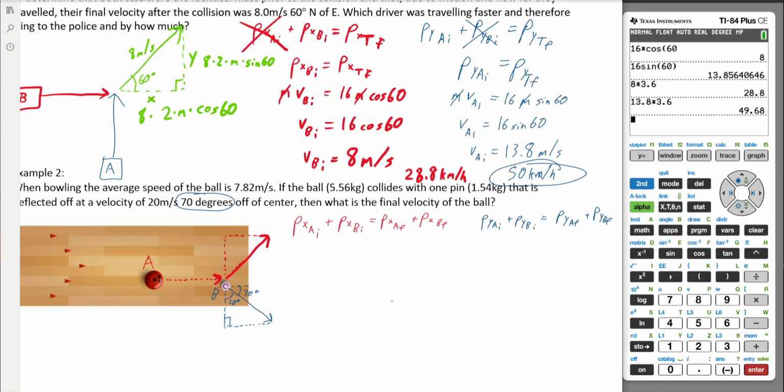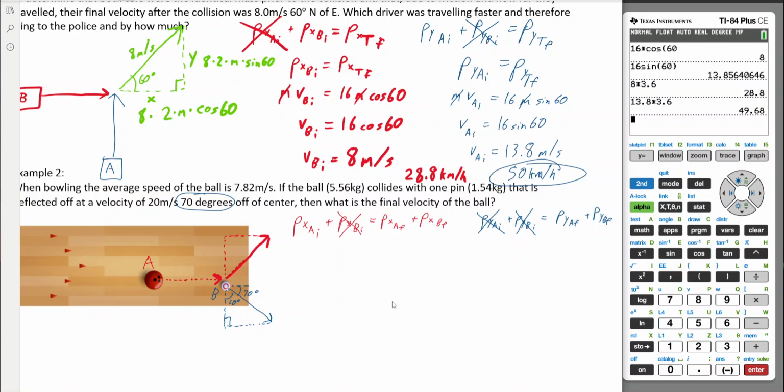Now at the beginning, there is no B value. So that's just going to disappear, and actually we can say the same thing for the y direction of the B value. And we can even say at the beginning that there's no y direction for the A value because it's only going horizontally. Okay, so we can do that here.